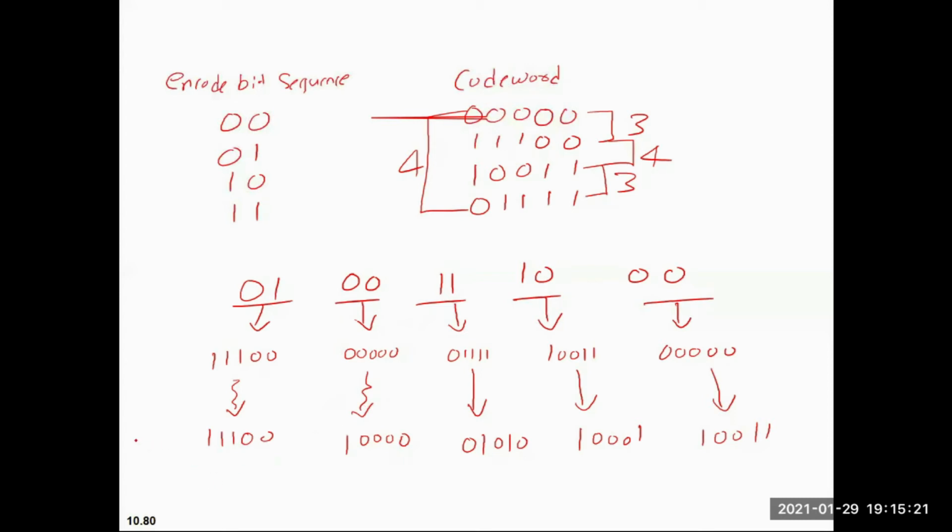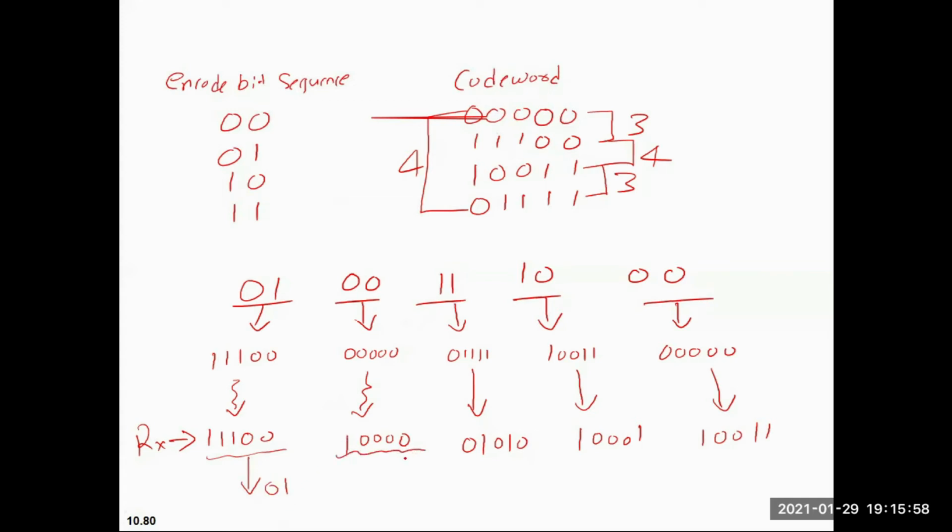After receiving this bit sequence at the receiver end, the receiver also knows the code word related to all the bit sequences. So it will interpret this by matching whether it is there in this list or not. 11100 is already there in the code words, so it will interpret that this is 01.